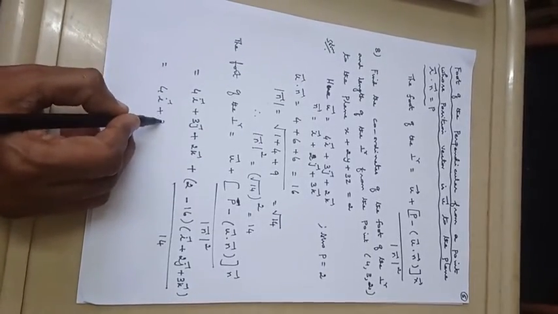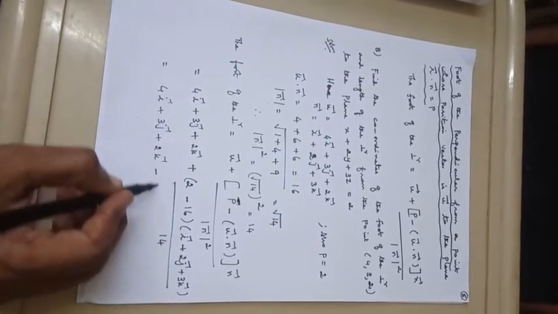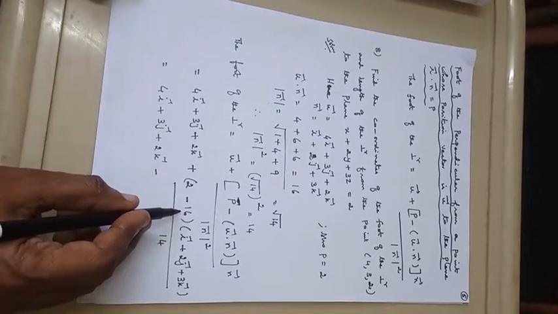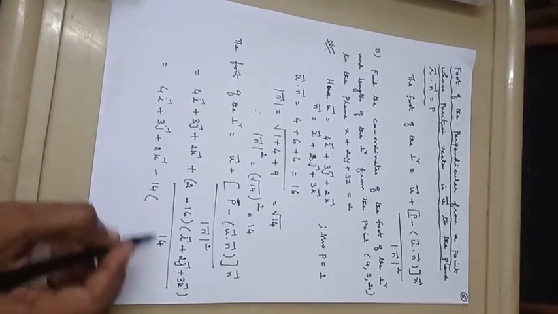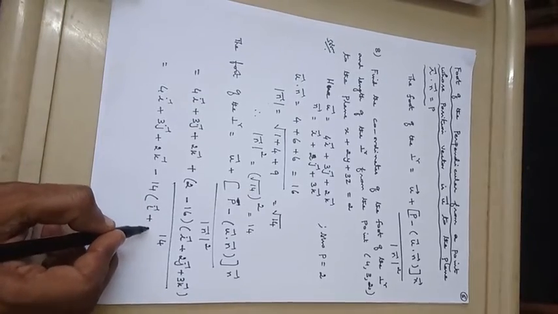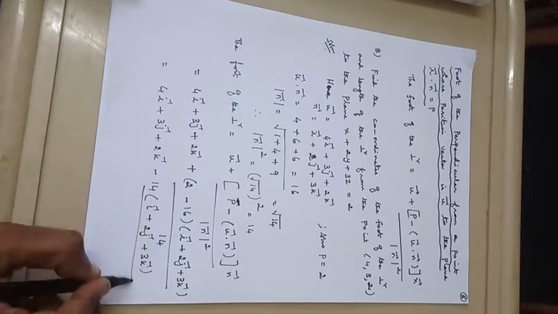So this is equal to 4i plus 3j plus 2k minus, because 2 minus 16 is minus 14, so plus of minus 14 is minus 14 into i plus 2j plus 3k, the whole divided by 14.